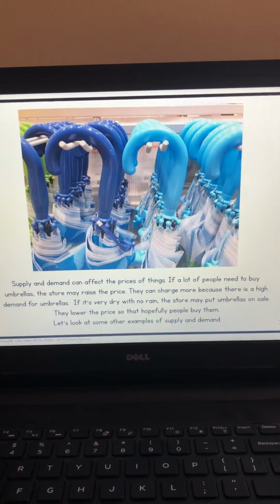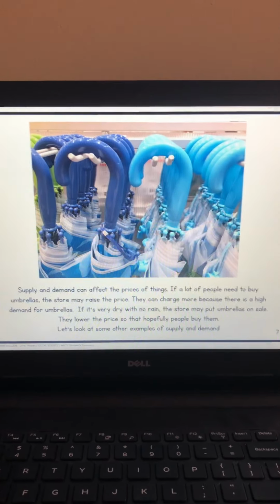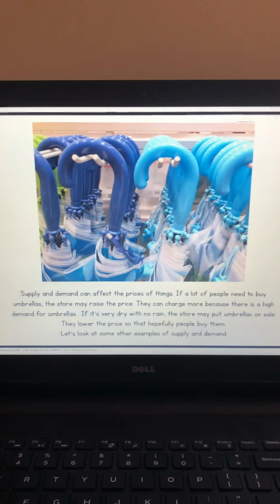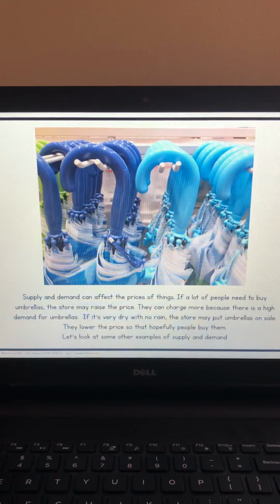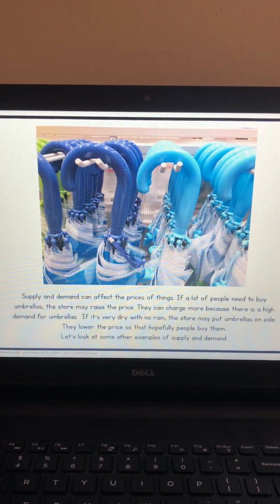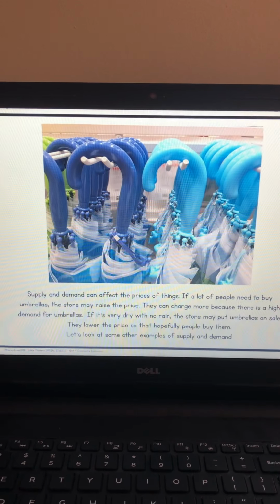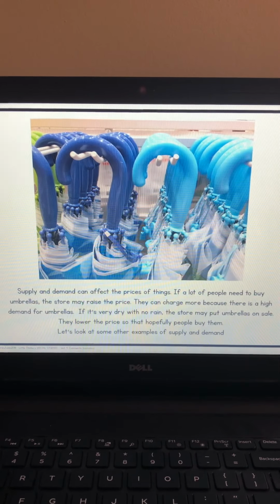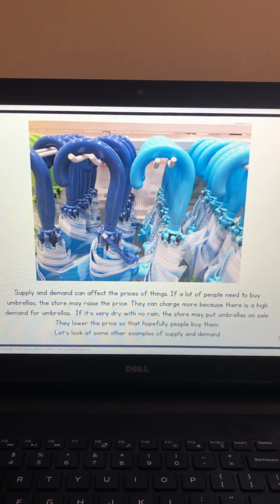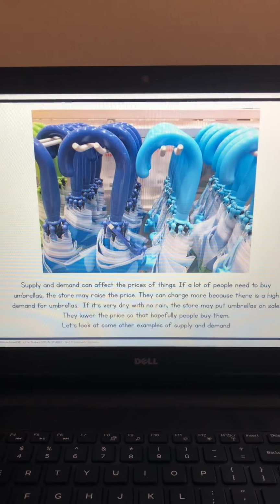And then when the phones are out for a long time, like a year, the prices might be a little bit lower because not as many people want a phone after a year, because it's not a new phone anymore. At that point, it's an old phone. So back to the umbrellas, they can charge more because there's a high demand on the umbrellas.